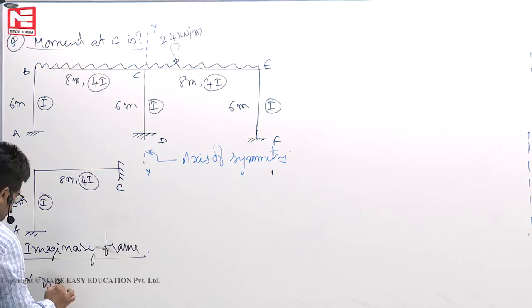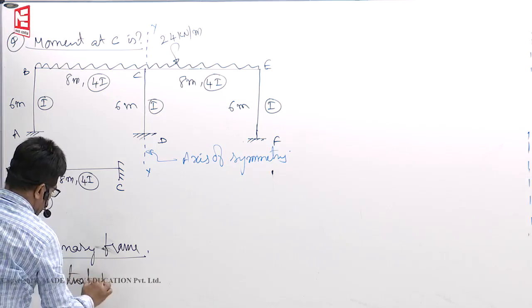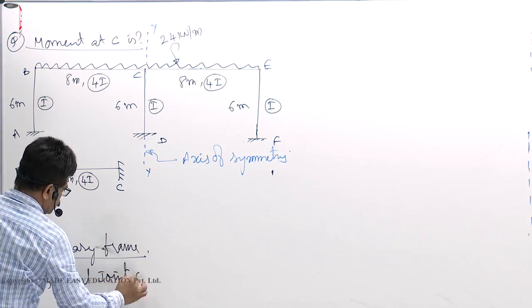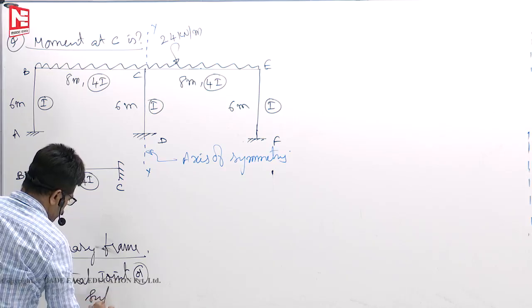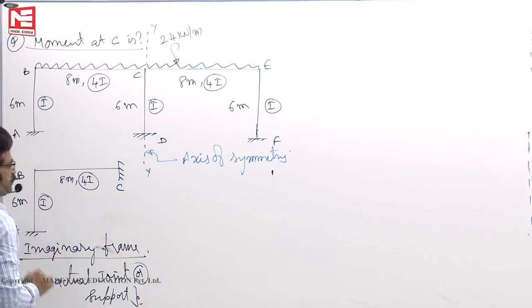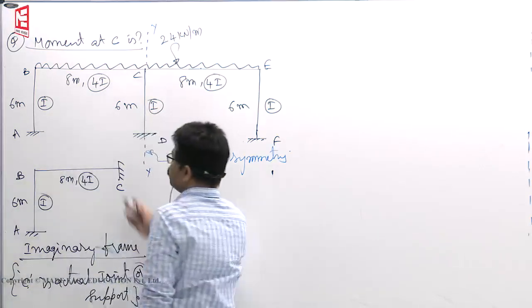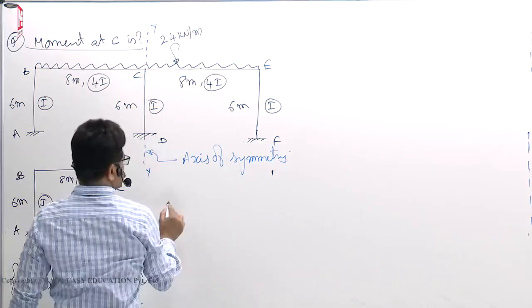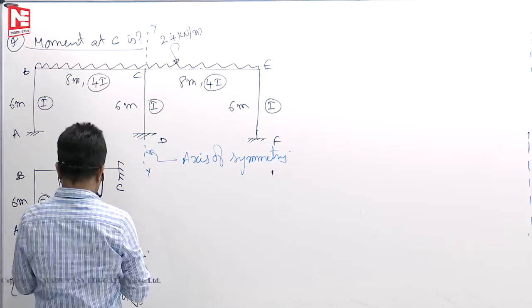C is an actual joint or actual support, we can take it whatever way you want to read it. So the first step is fixed end moments. So here I will show that.